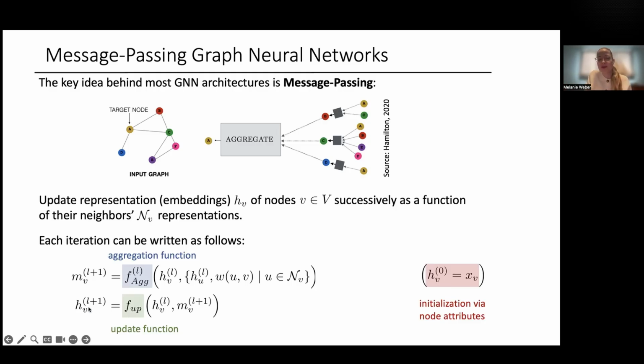And then this update function gives us an updated or a new embedding of the node that basically captures information that was aggregated over the one hop neighborhood, right? And then as we stack layers on top of each other, you can think of this as in the first layer, we capture information from the one hop neighborhood, in the second layer from the two hop neighborhood, and so forth.